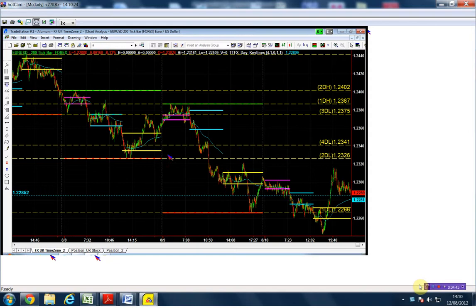I have a prior daily low at 123.26, which is 6 pips above this high. So in any case, that will be our buying point above the 123.26. We're going to place our stop below the 123, so we're going to give it 20 pips.